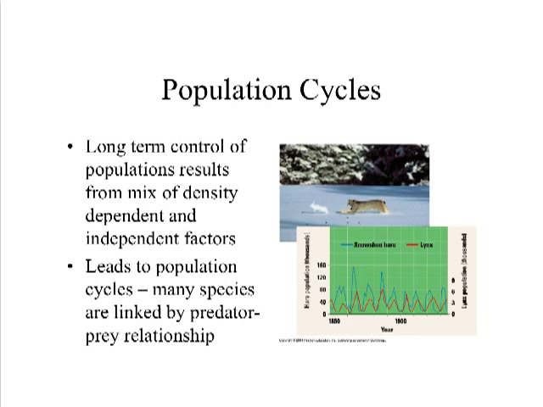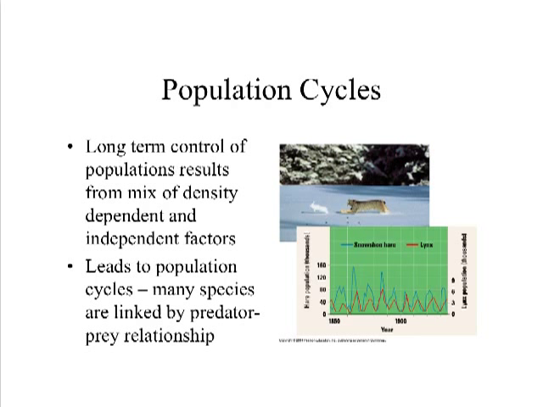So if we take a look at populations over a long period of time, we're going to have a mix of density dependent and independent factors affecting the population growth. And so what we're going to see is that it actually leads to population cycles.